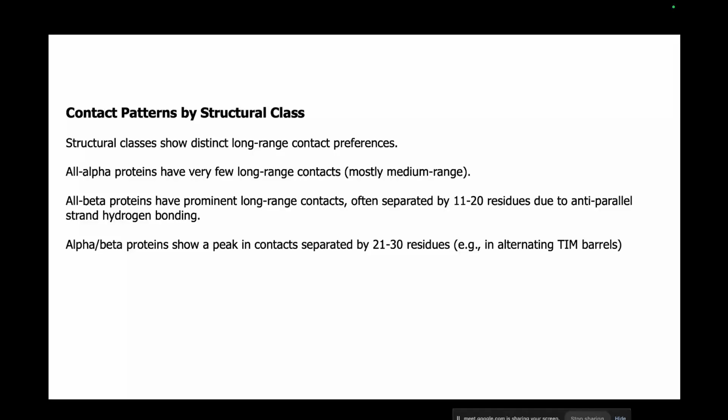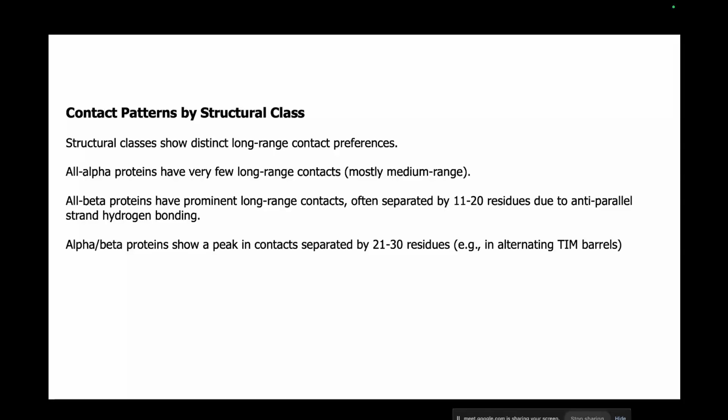An amino acid which is very far away in the sequence can come in contact with your amino acid of interest, because the beta sheet is basically the sheet going in this direction, then again the sheet folding and coming to this direction. So residues towards the ends of the sheets are most likely going to come in contact and stay very close because of the sheet structure of beta.